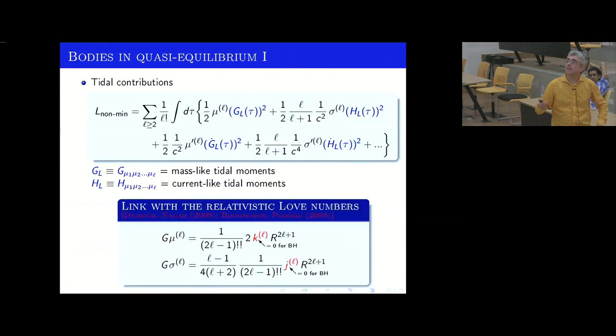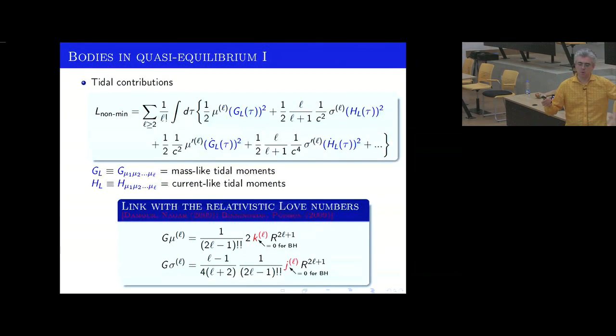Okay. So now, we can alternatively describe in a more specific way the action of the Lagrangian. For instance, this is the action describing tidal effects for bodies in quasi-equilibrium, so in the adiabatic case. The bodies are supposed to stay at equilibrium in their co-rotating frame all the time, which is an approximation, of course.